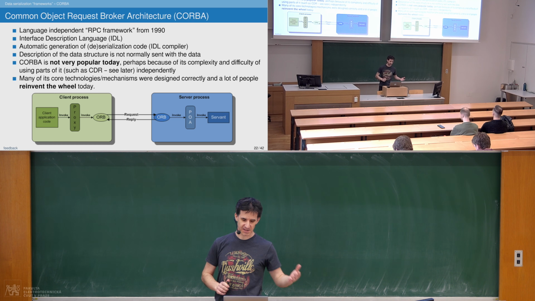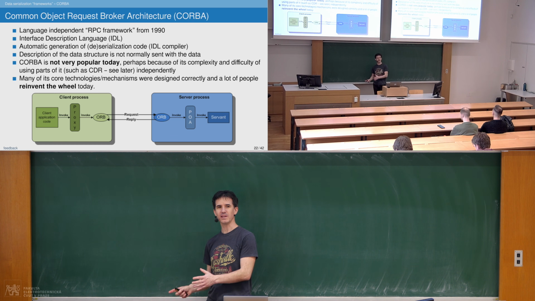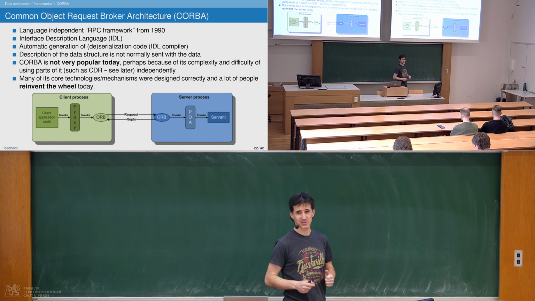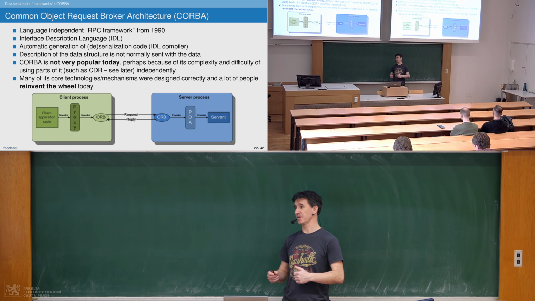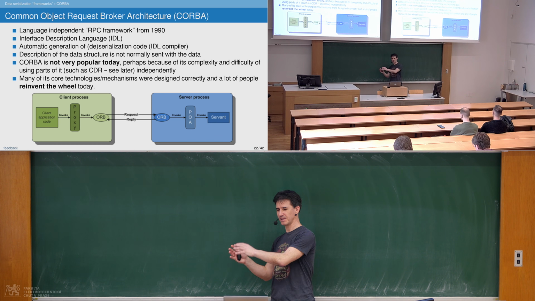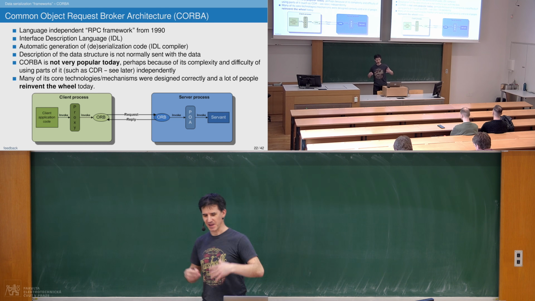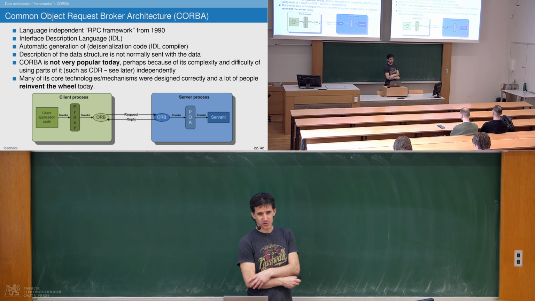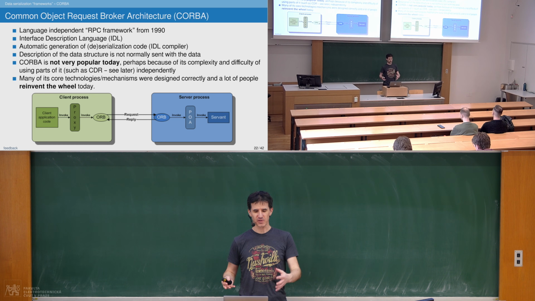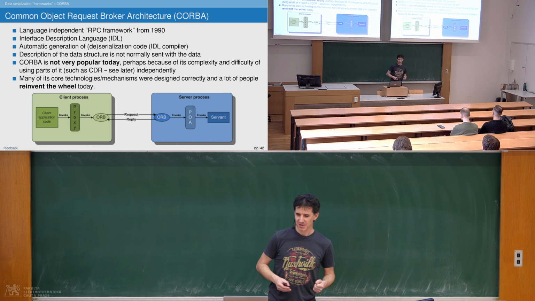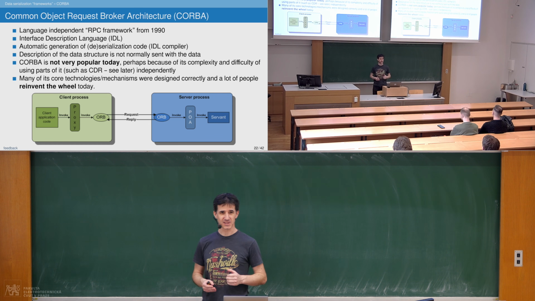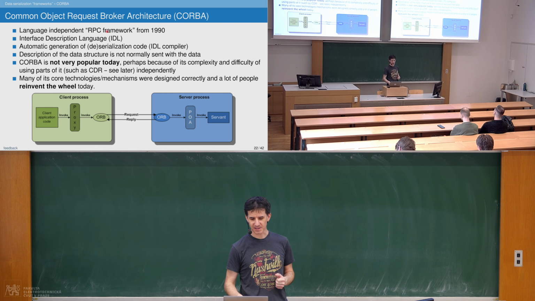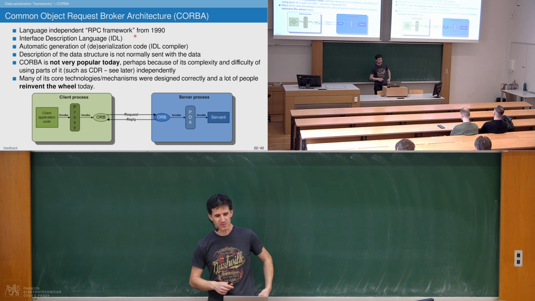Those serialization frameworks that I will talk about later, when you read their documentation, they always mention, yeah, we are super fast, we do this and that, and they claim that this was invented by them. And it's actually not true. Of course, those frameworks are more efficient than if you use XML or JSON, but basically all these things that they are claiming are new were already implemented in Corba in the 90s, and there are not many new things in them.